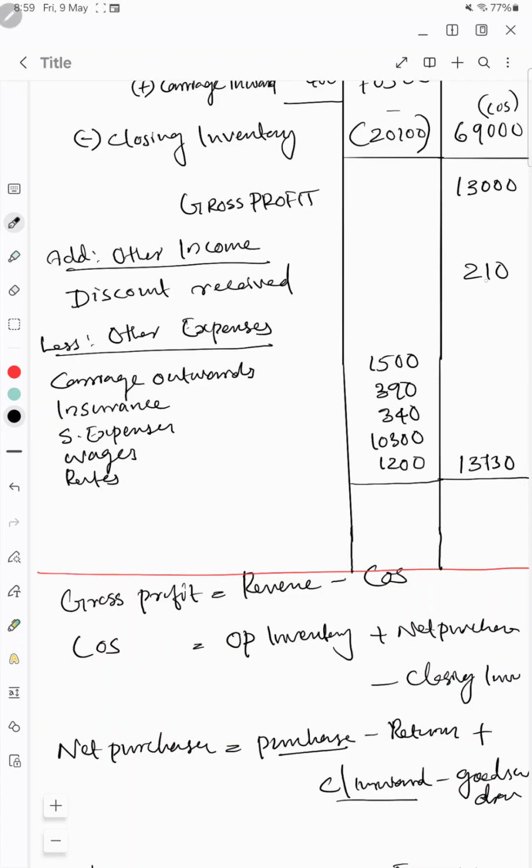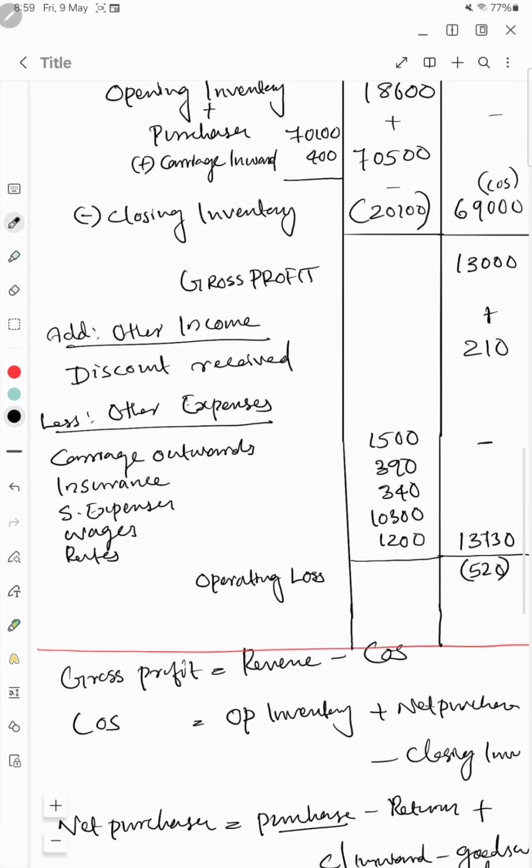So gross profit plus other income minus expenses: 13,000 plus 210 minus 13,730. Here 520 is the minus figure, a loss. This is called operating loss.